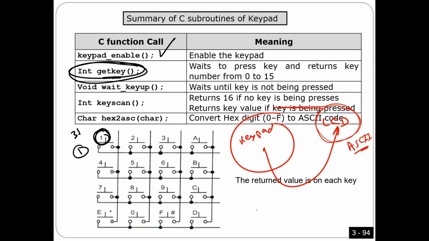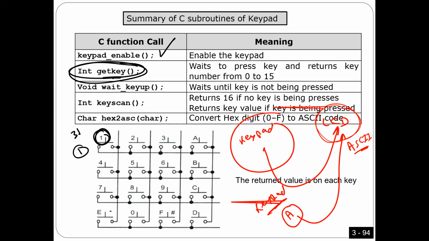So if you are using keypad, I'm gonna get the ASCII in register A, right? So I'm gonna take it and send it to the LCD. I'm gonna call the keypad. The keypad is gonna give me the ASCII in register A. Whatever is in register A, I'm gonna send directly to the LCD, right?